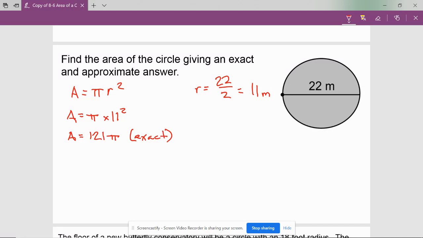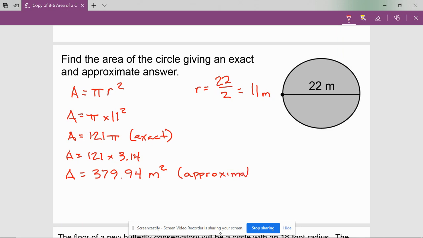Now let's multiply 121 by 3.14. When we do that, we get an area of 379.94 square meters. Our unit of measure is meters. Remember, this is our approximate.